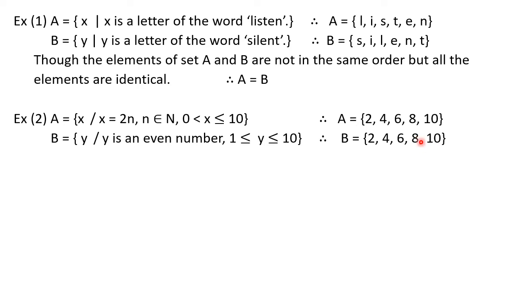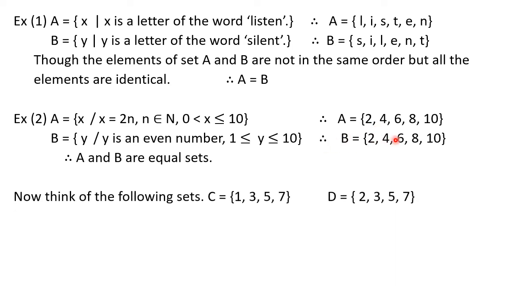Now observe these sets. Are they equal? Yes, because they contain exactly the same elements. Got it? So we can say that these two sets are equal sets. Now let us think of one more example.